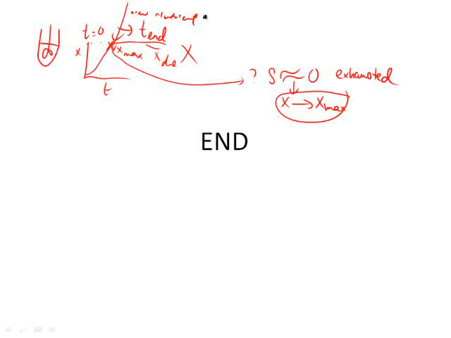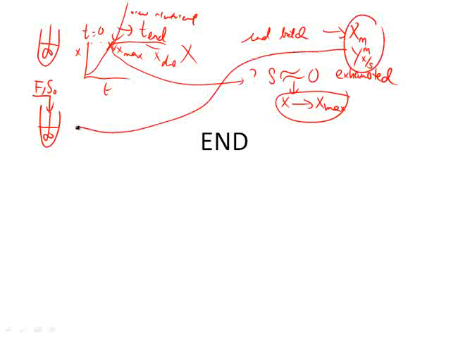You feed in more nutrients through volumetric flow rate and at certain S naught. So this is the end of batch. At the end of batch, you achieve XM, meaning you achieve certain yield of X to S, maximum yield. At this point, you start your fed batch.